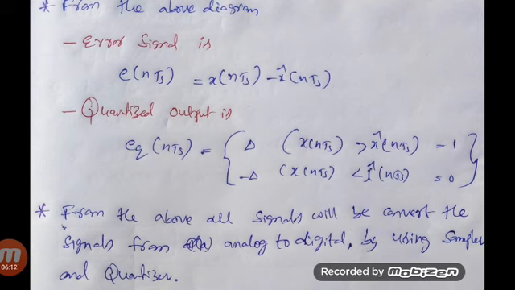Next, the quantized output: if x of nTs is greater than x cap of nTs, the output is 1, and if x of nTs is less than x cap of nTs, it is 0. From the above, all signals are converted from analog to digital by using the sampler and quantizer.